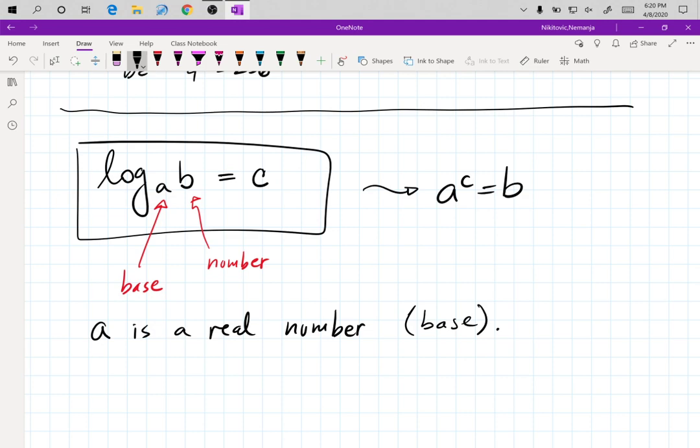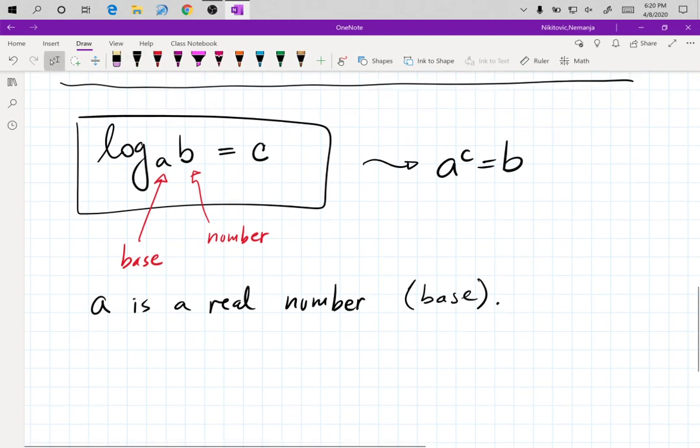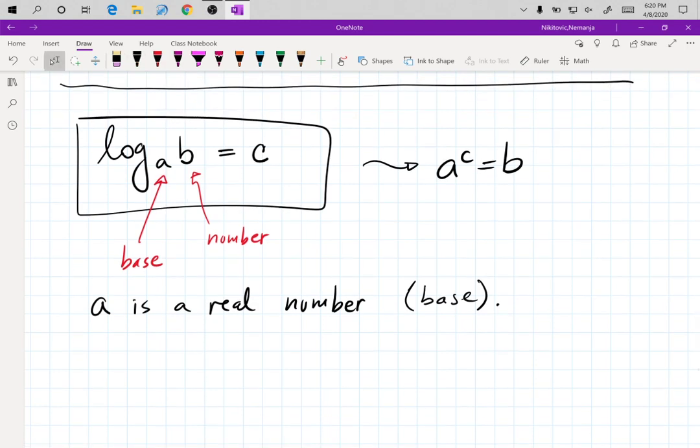And there are two special values that we work with because most of our sciences fall into those two categories. So one of them is the base 10.